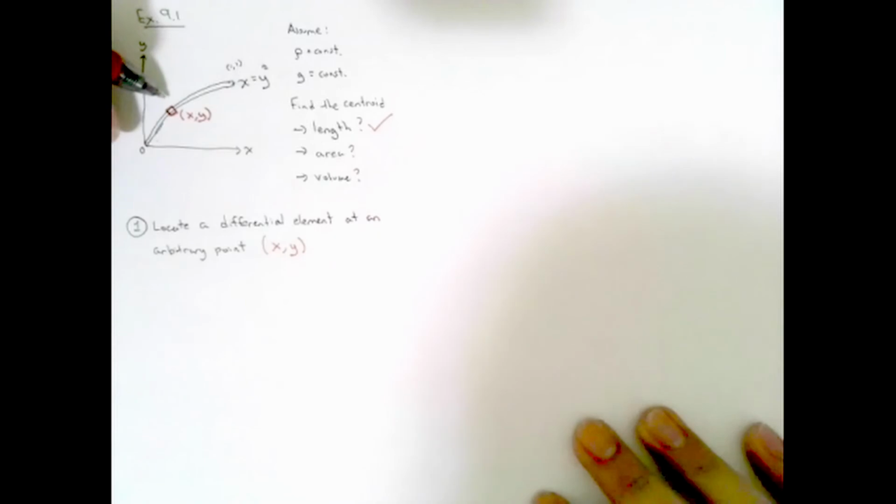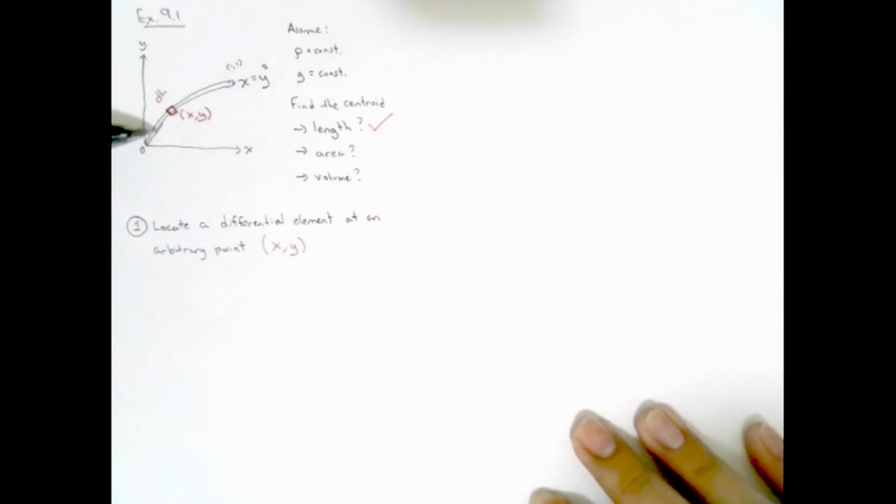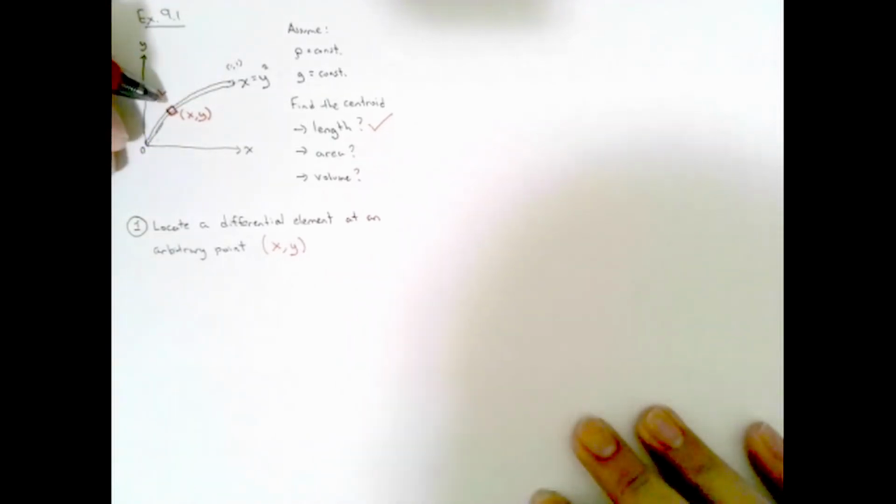Now we know that this is a differentially small element, and we know that this is a one-dimensional rod. And because it's a one-dimensional rod, that means that this differentially small element will have dimensions of dl along the length of the rod. So those are its tiny dimensions, dl. So that's the first step.